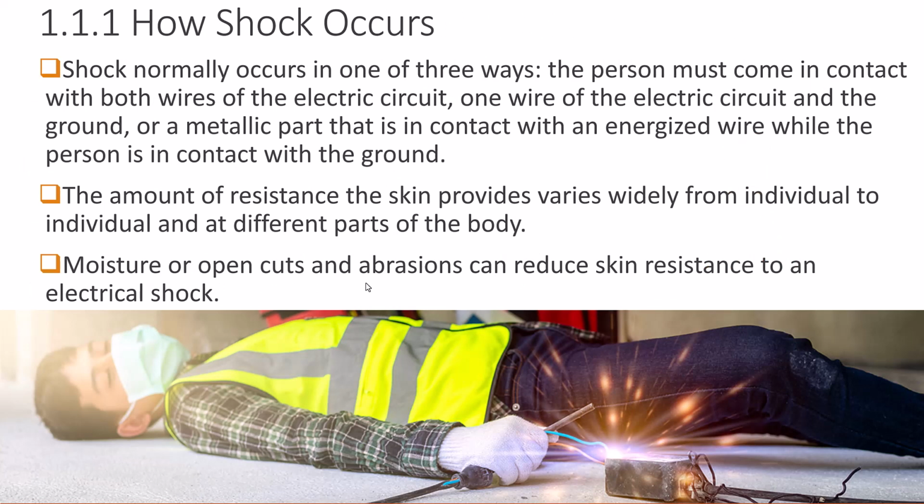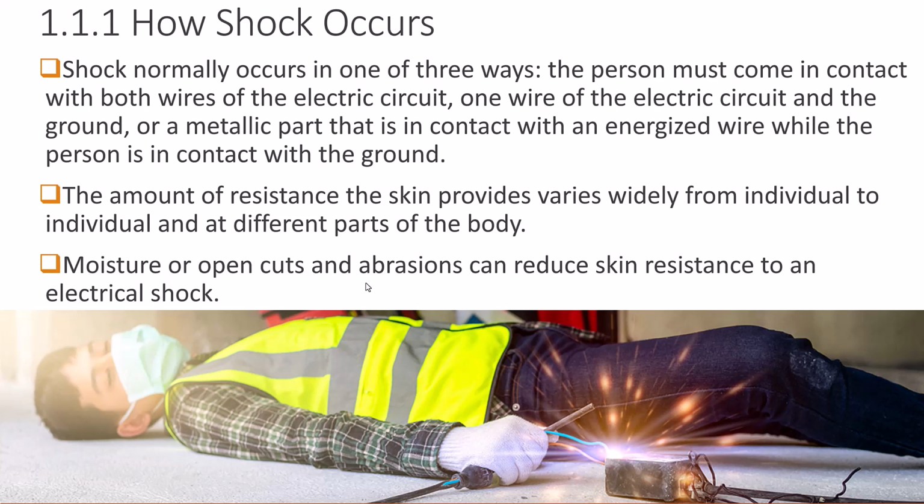Shock can occur in one of three ways. A person comes in contact with both wires of an electrical circuit, or one wire of the electrical circuit and the ground, or a grounded item, or a metallic part that is in contact with an energized wire or the ground. So a combination of those things, but ultimately the amount of resistance the skin provides can vary widely from individual to individual, but also different parts of the body.